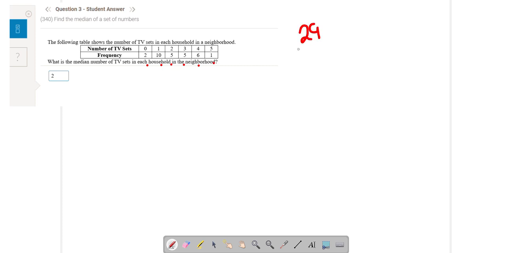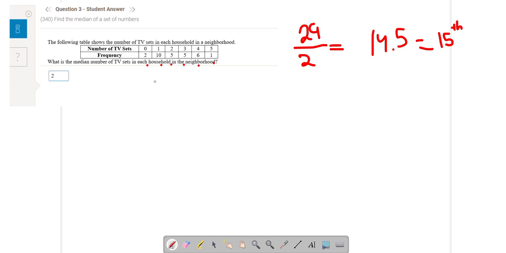So 29 over 2, 14.5, but we always round up, so it's going to be the 15th position.